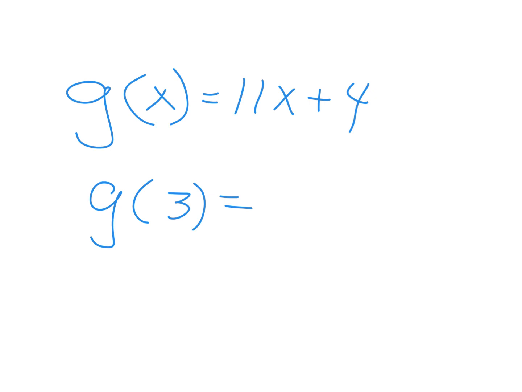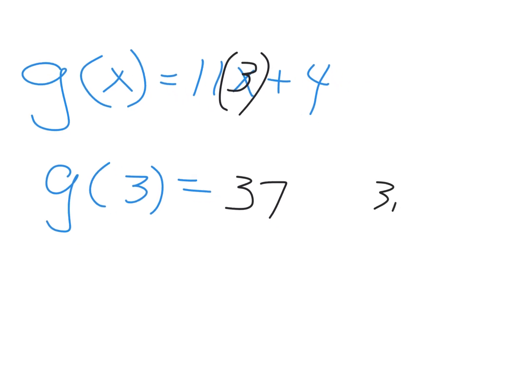Zane, what did you stick in the function? 3. And when you did stick 3 in, you probably put it here. And then what'd you get? 37 is right. Do you get that what we got as an answer is a point? The point is 3 comma 37.